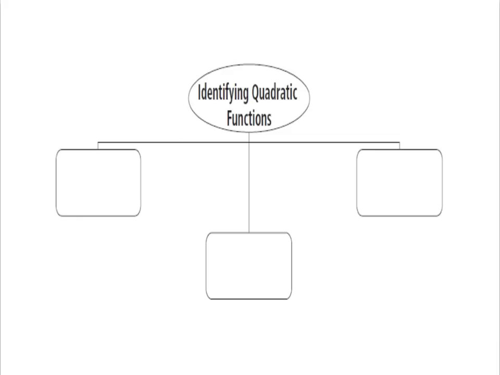So go ahead and draw this little graphic organizer, and we need to figure out how to identify quadratic functions when given multiple representations. And we know there are 3 different representations that we are usually focused on. One of them is when we're given a graph, and then another is when we are given a table, and then the third is when we are given an equation.